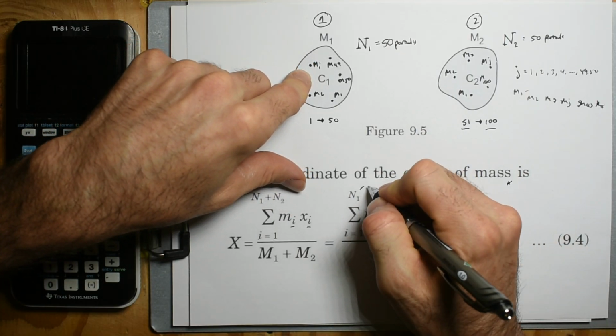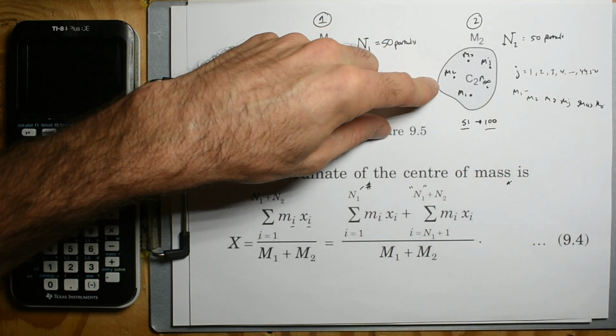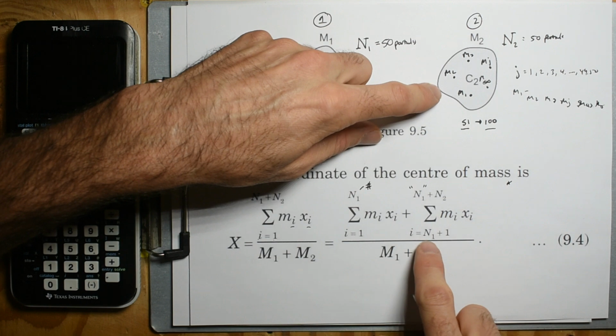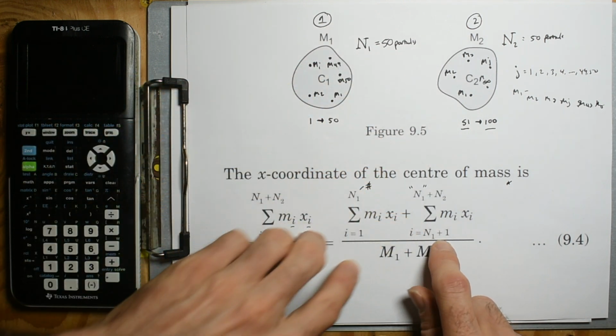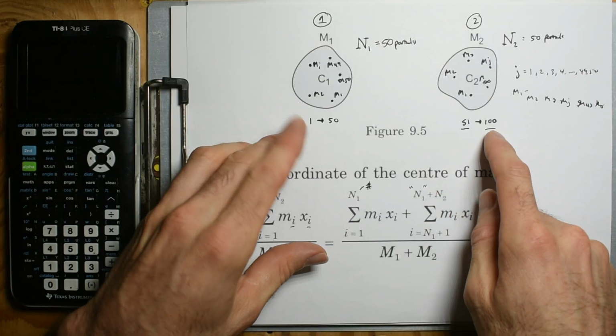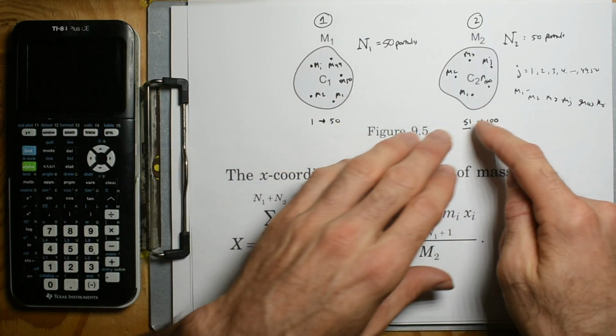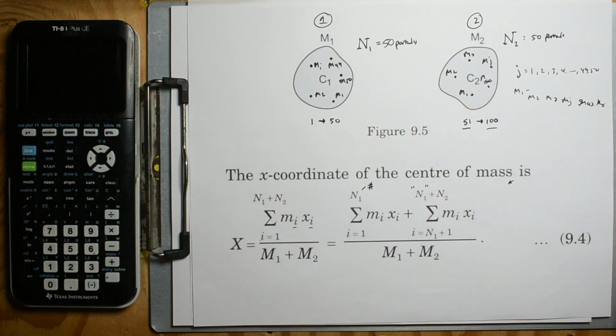So this N1 is just a number. And then for this particle, we're going to start at N1 plus 1. So yes, if this is 100 particles total, this is 50 and this is 50, then these particles are labeled 1 through 50, and these particles are labeled 51 through 100.